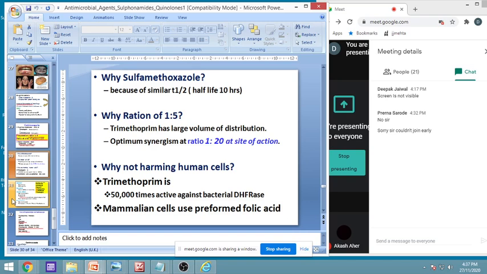What we have seen in general consideration of antimicrobial agents is that the drug should always be there. If the drug is not available, then the microorganism will find a mechanism to develop resistance to it. So in that condition, what will happen? If any drug is having a lesser half-life, that will be excreted out, its plasma concentration will gradually decrease, and will be lesser than the therapeutic concentration or lesser than MIC, what we have seen.